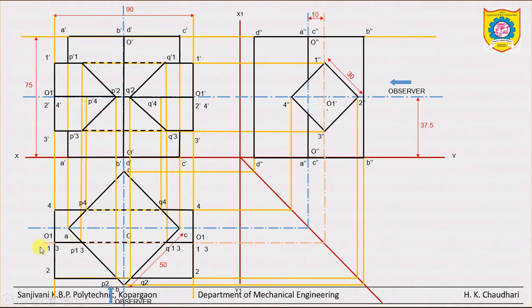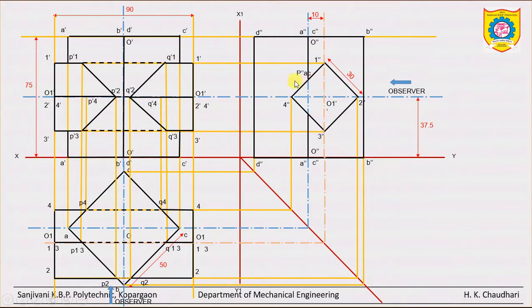See, the portion which is above this horizontal red color center line is the back side of the intersection. Okay, so points P4 and Q4 will be on the back of this intersection. So all the lines joining P4 and Q4 will be hidden. Clear?